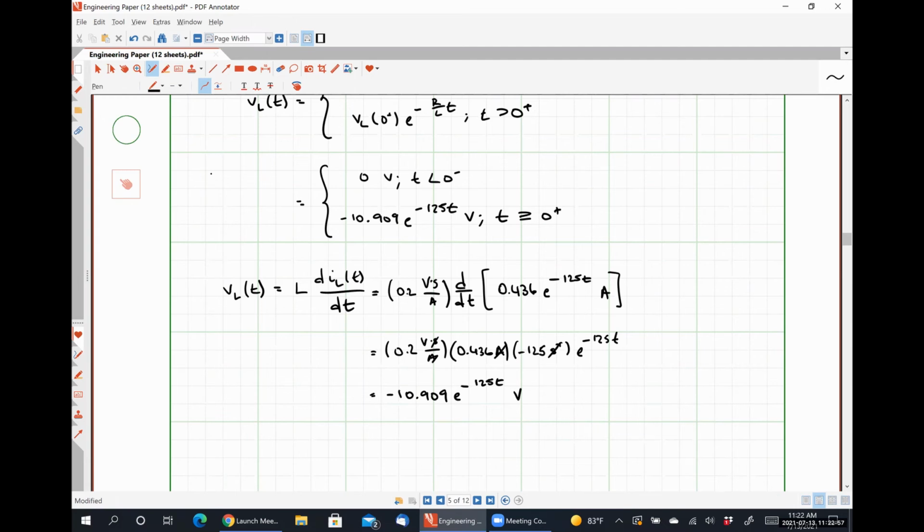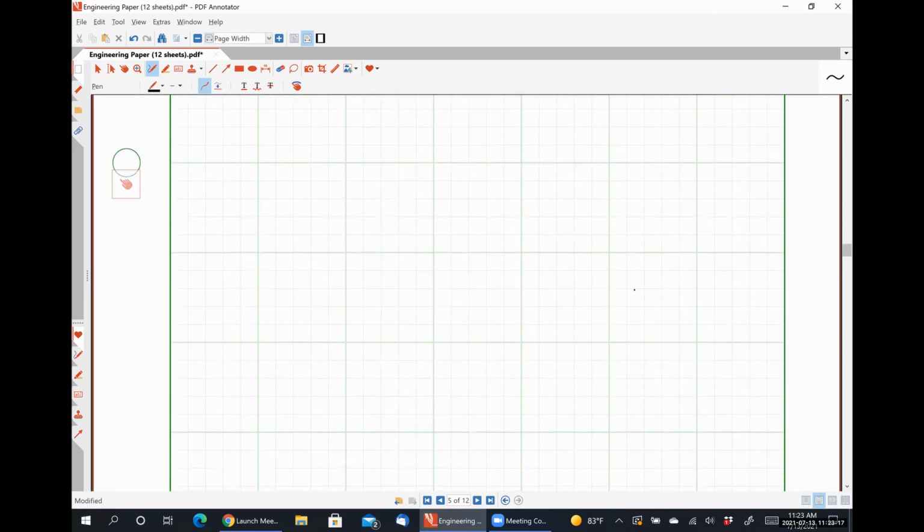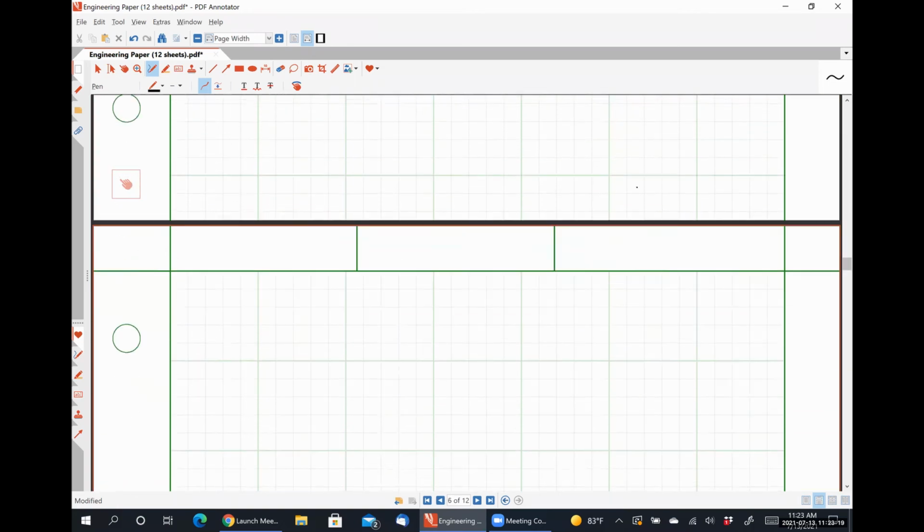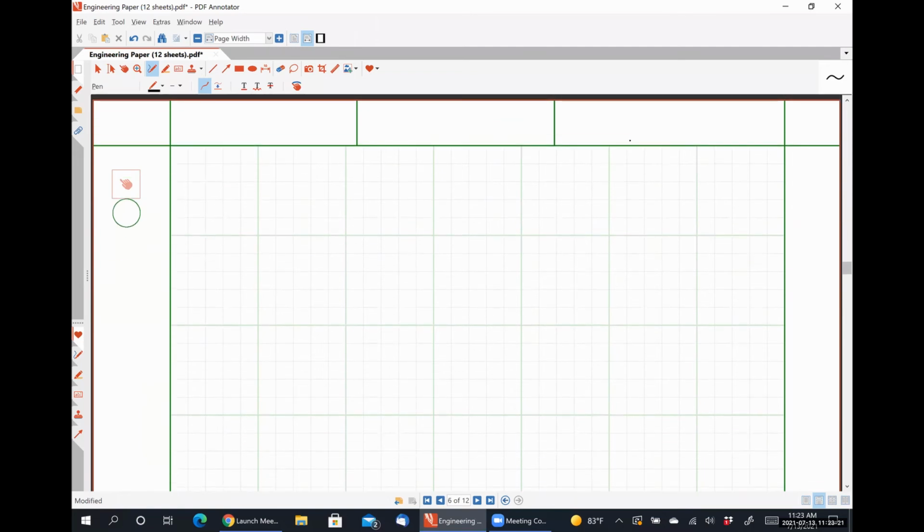This methodology of analyzing the circuit at t equals 0 minus, analyzing the circuit at t equals 0 plus, and then just plugging stuff into a generic equation is literally the quickest and easiest way to analyze any of these circuits. So let's look at one last example problem, and then I will be done harassing you with math.